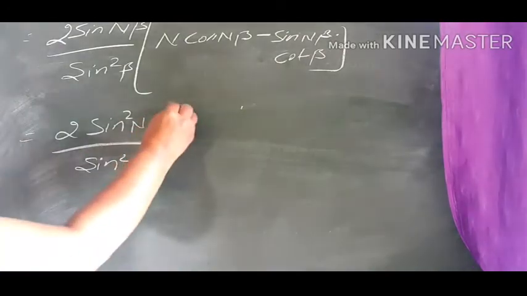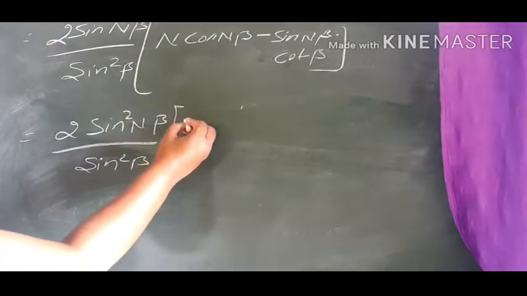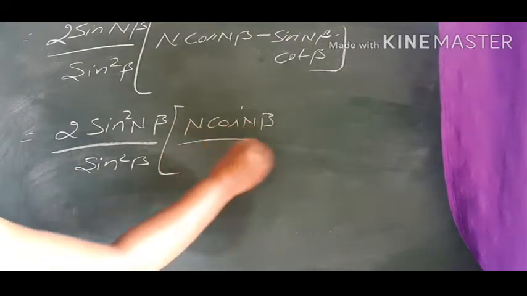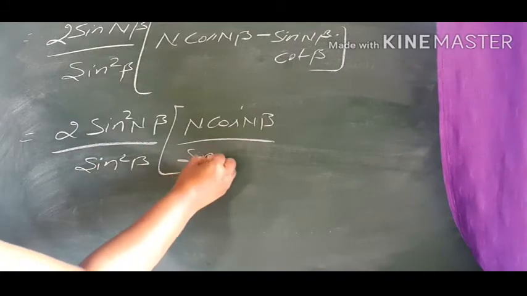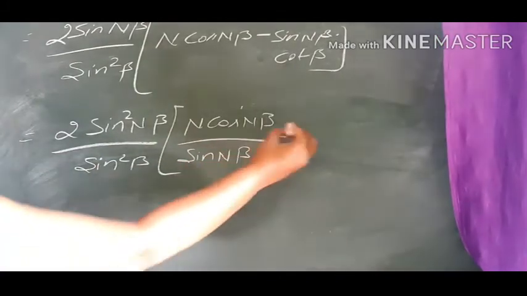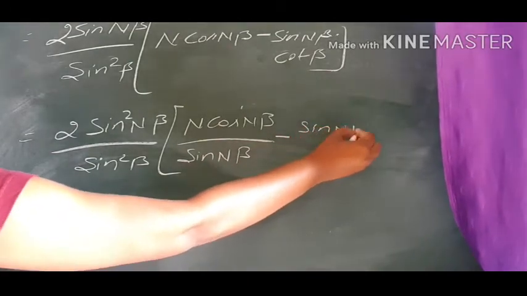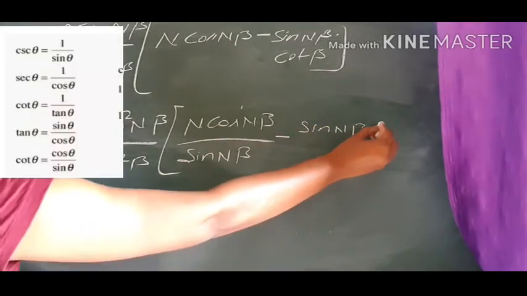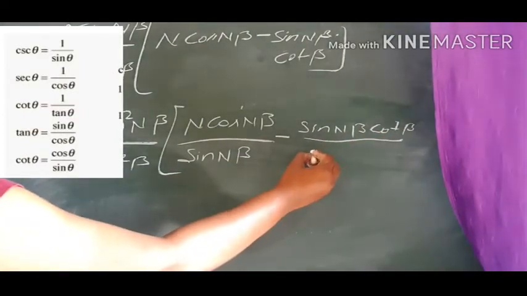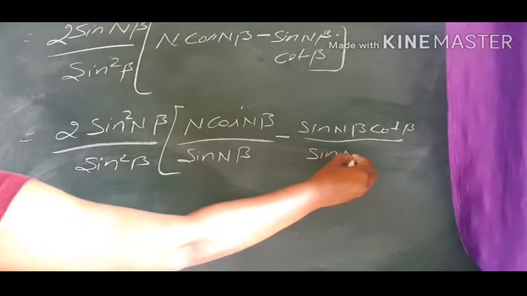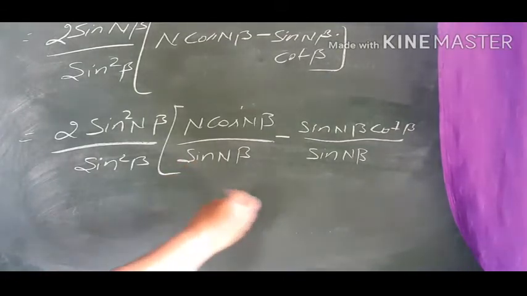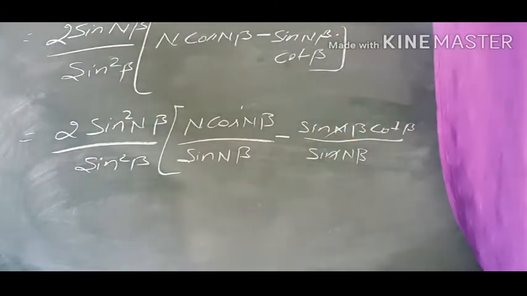Okay, and divided inside, n cos n beta divided by sine n beta minus sine n beta into cot beta divided by sine n beta. Okay, this is cancelled out.